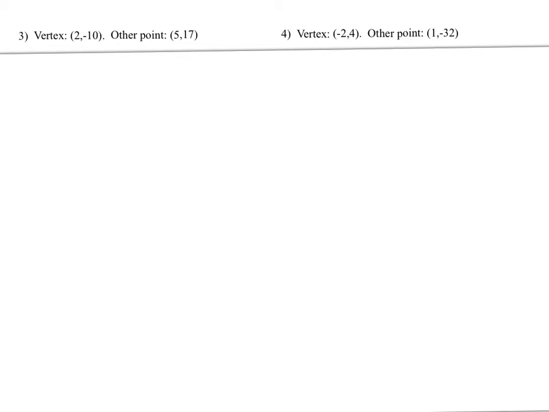All right, same idea here on number 4. So I'm first going to write my vertex form. So that'll be y equals some value a times x plus 2 squared. So I always change the sign on that x value, and then we keep the sign regular on the y value. So now I need to use the other point to find my a value. So I'm going to plug in -32 for y, 1 for x.